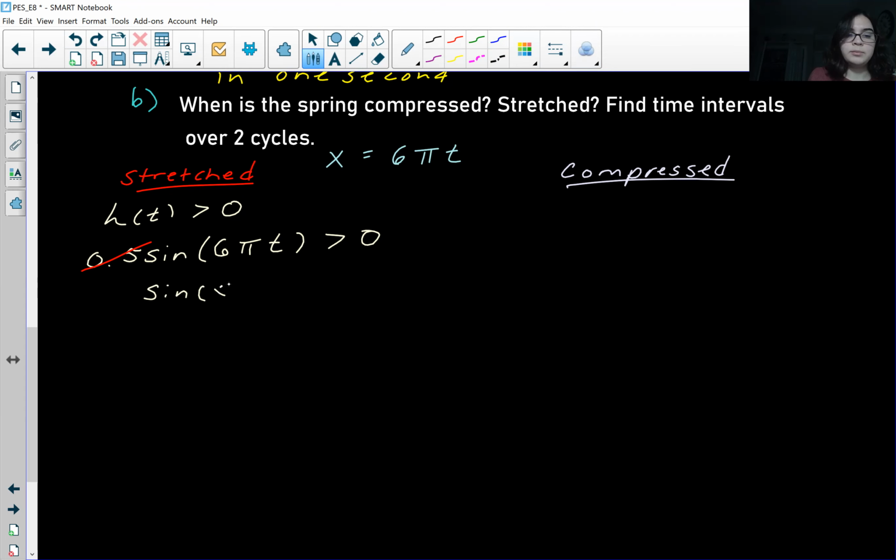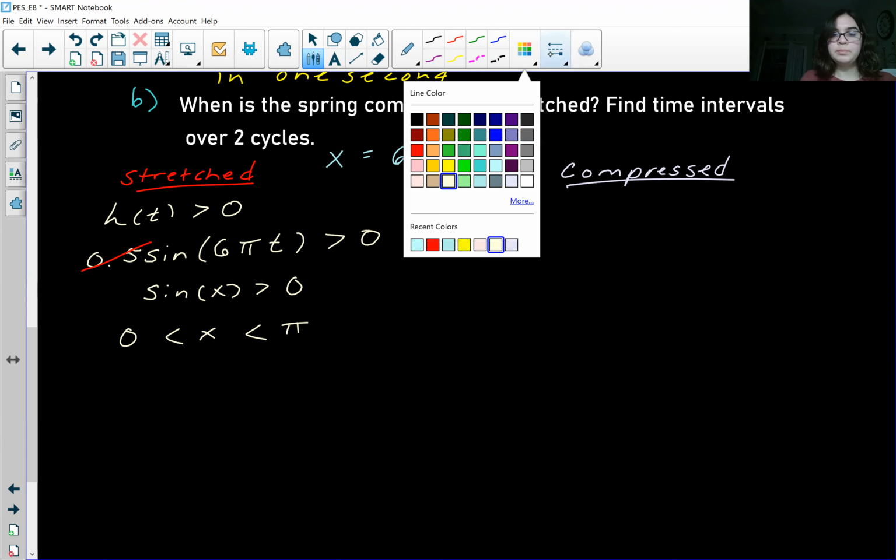Sine of x needs to be greater than 0. And at this point, we're just trying to ask ourselves, where is sine positive? And that's going to be between 0 and pi. Okay, so at this point, we're going to put the t back in.